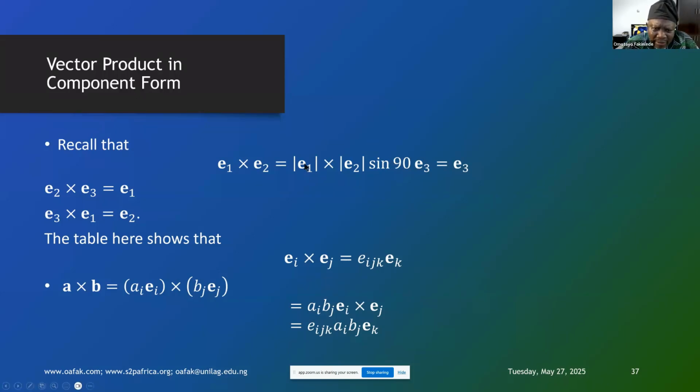So I want you to write for me in your chat room: put the value here, times the value here, times the value here, and prove to me that this expression is E3. You remember that the cross product of two vectors is the magnitude of the one vector times the magnitude of the second vector, times the sine of the angle between them, in the direction perpendicular to both of them. The direction perpendicular to E1 and E2 is E3, the z-axis.